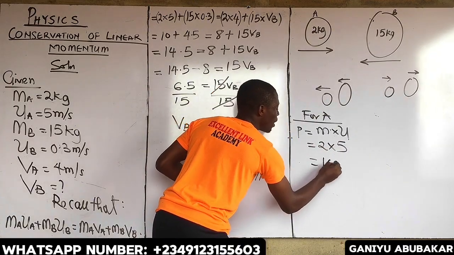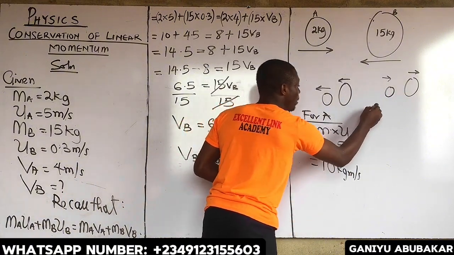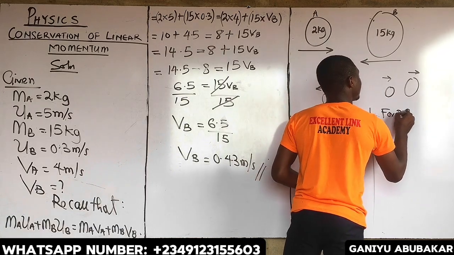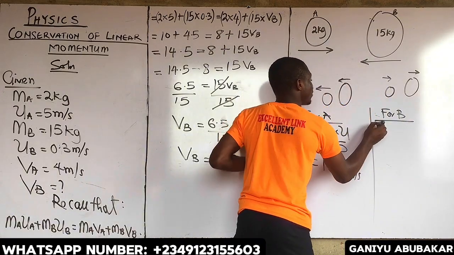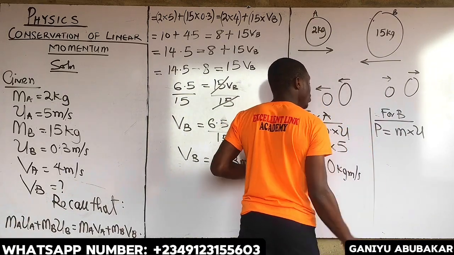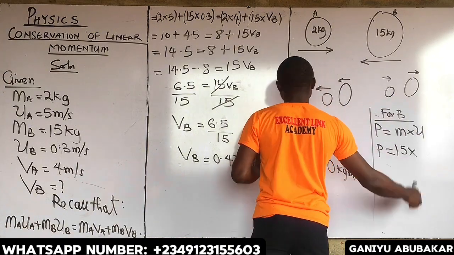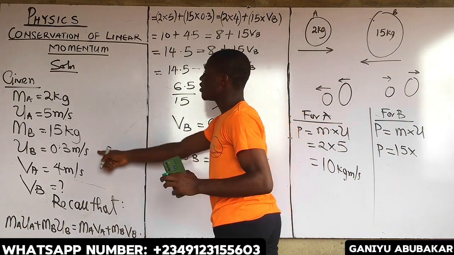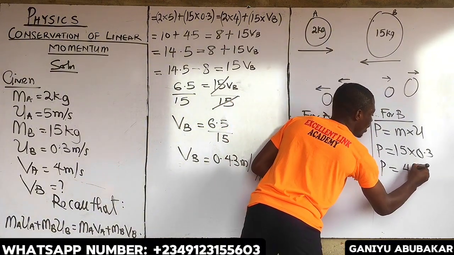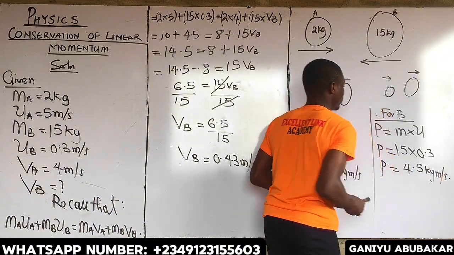Multiplying, I'll have 10 kilogram meters per second as my momentum for body A. Let's get the momentum for body B. P is equal to mass times velocity, that's 15 times U, which is 0.3. Multiplying, P is equal to 4.5 kilogram meters per second.